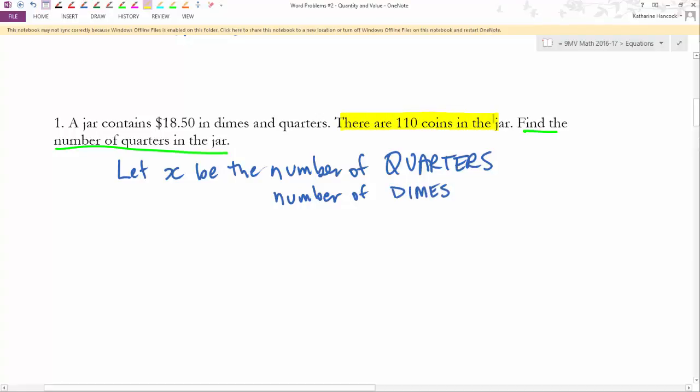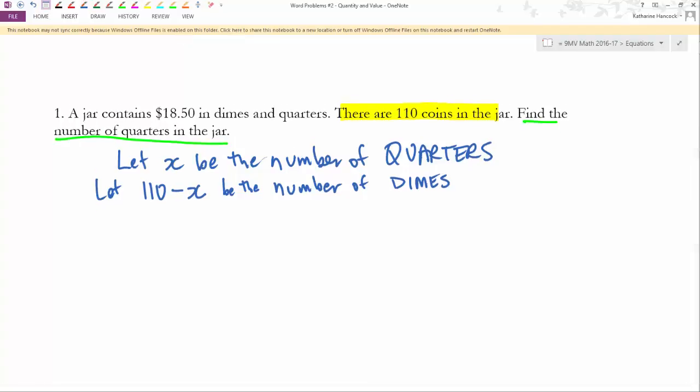It said there are 110 coins in the jar. So if I have X quarters, that means my number of dimes is going to be 110 take away the number of quarters, and that's going to be the number of dimes that are left. We can turn it into an official let statement. So X is the number of quarters, 110 minus X is the number of dimes.